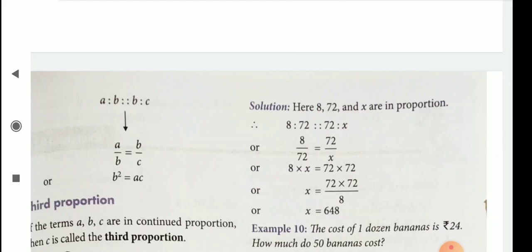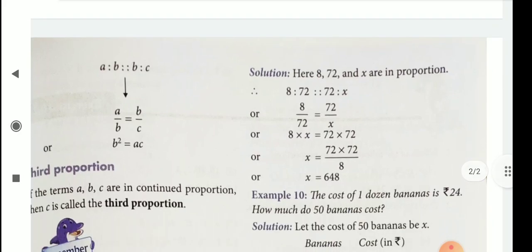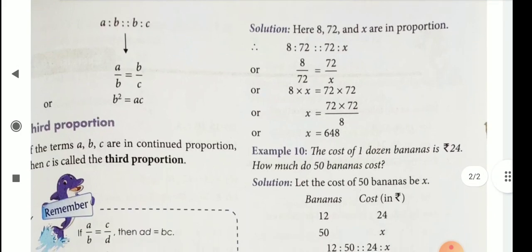So 8 is to 72 as 72 is to x. Already we know the second and third terms are equal. So 8 by 72 equals 72 by x, that is 8x equals 72 multiplied by 72. Then x equals, we just divide, and we get our answer.